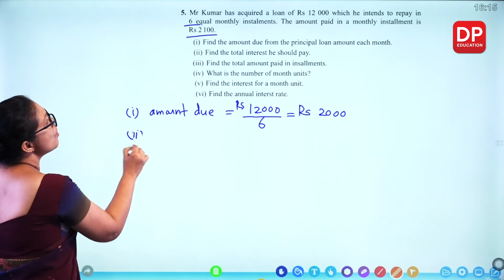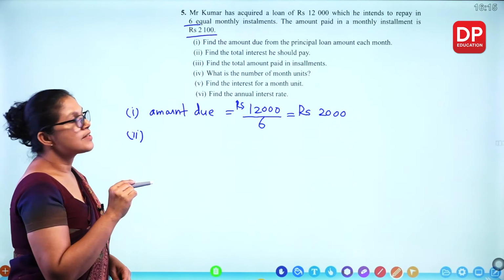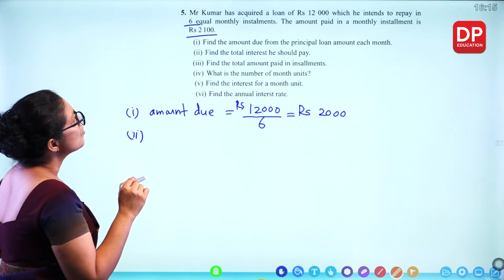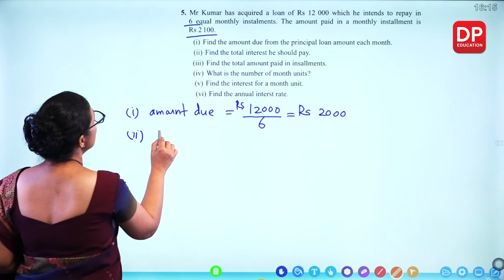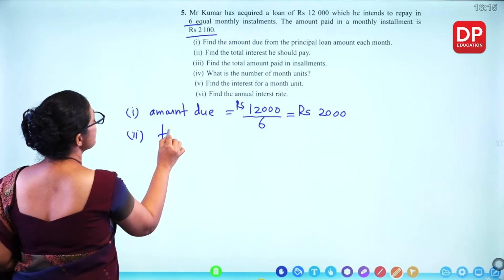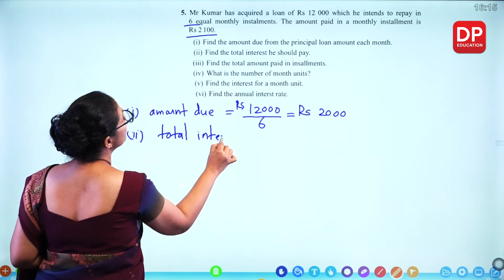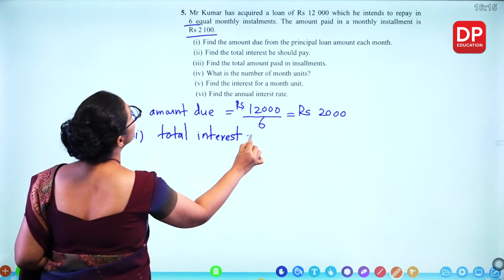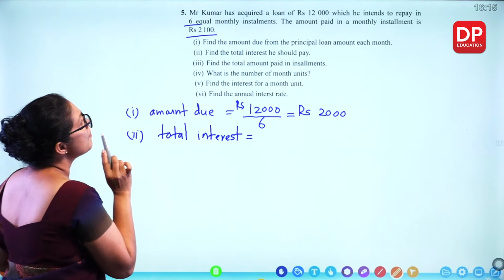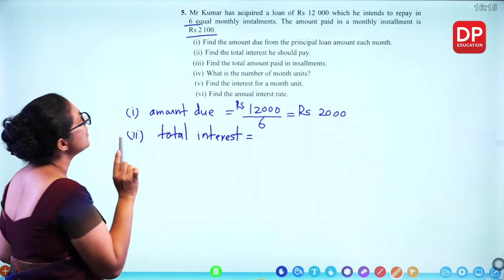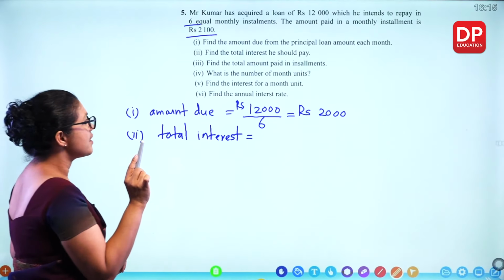Part 2. Find the total interest he should pay. So he is paying monthly installment 2,100.